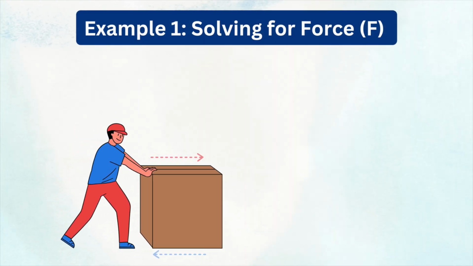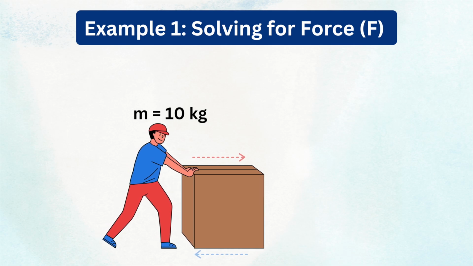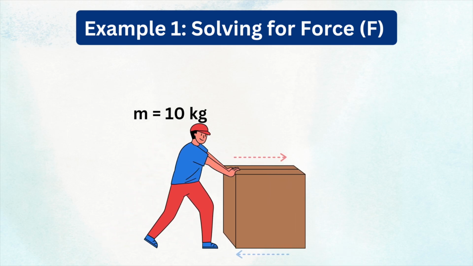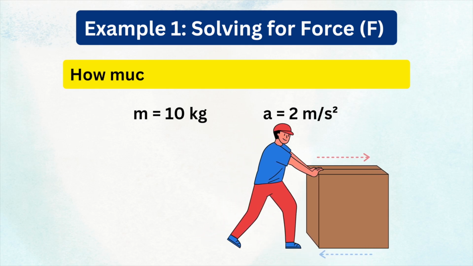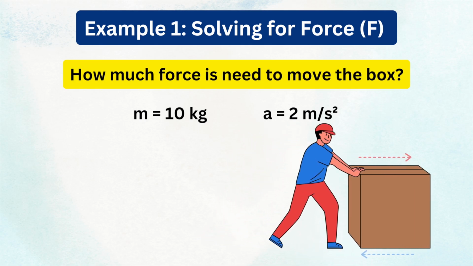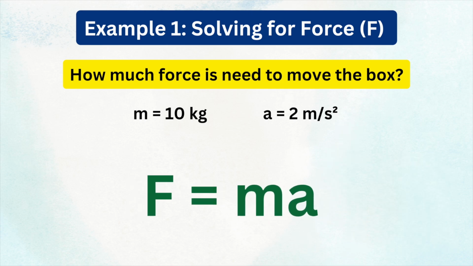Imagine pushing a box that has a mass of 10 kilograms. If you wanted to accelerate at 2 meters per second squared, how much force is needed? Using the formula F = ma, we can calculate the force needed. The mass of the box is 10 kilograms, and the acceleration is 2 meters per second squared.